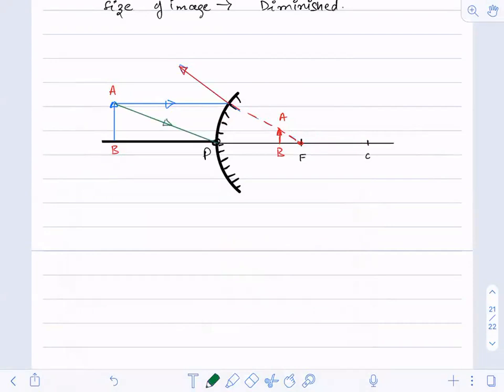Now after here, how will it go? It will go like this. Now if I extend this ray backward, where is it intersecting? Is it this point where it is intersecting? So if I take this ray, my image is formed somewhere here. Yes or no? My image is formed somewhere here.